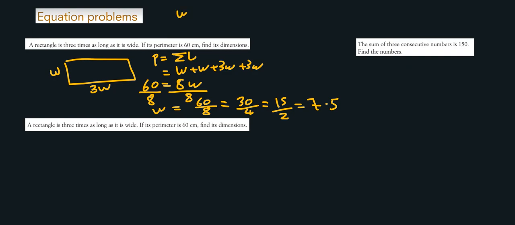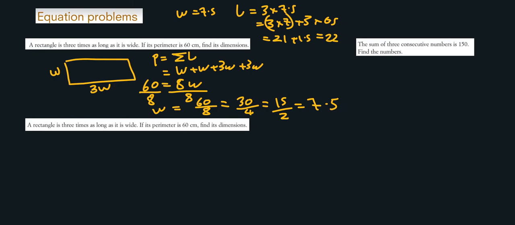If we've got a width of 7.5 and we've got a length of 3 times 7.5, 3 times 7.5, and we can split that up. 3 times 7 plus 3 times 0.5, so we get 21 plus 1.5, that gives 22.5.